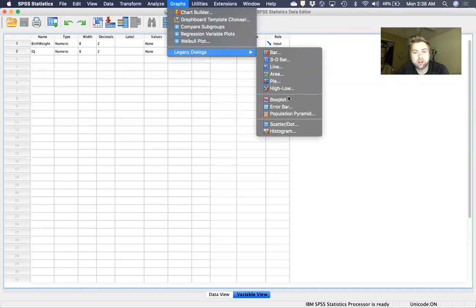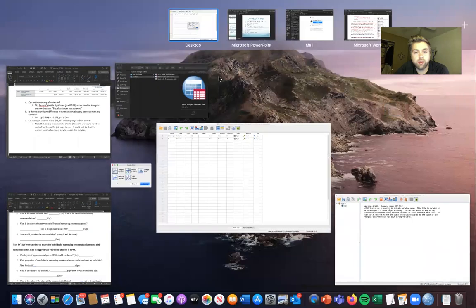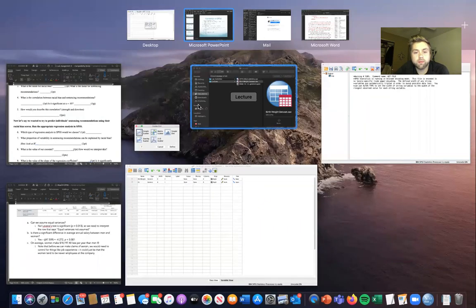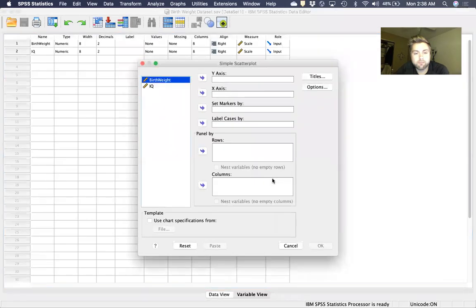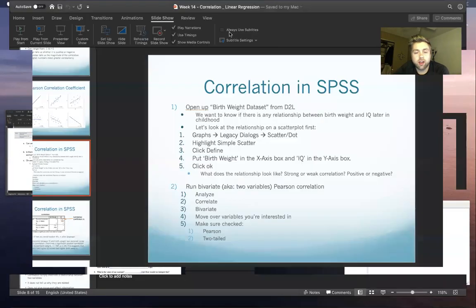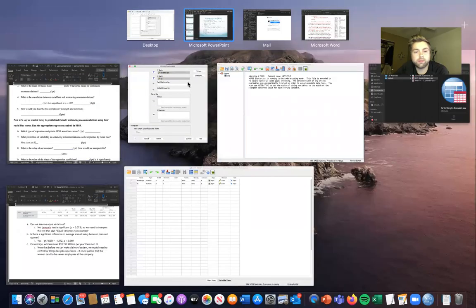I believe we want to pick Simple Scatter, and just put one variable on the y-axis and one variable on the x-axis. And then the last thing we want to do is we're ready to go.